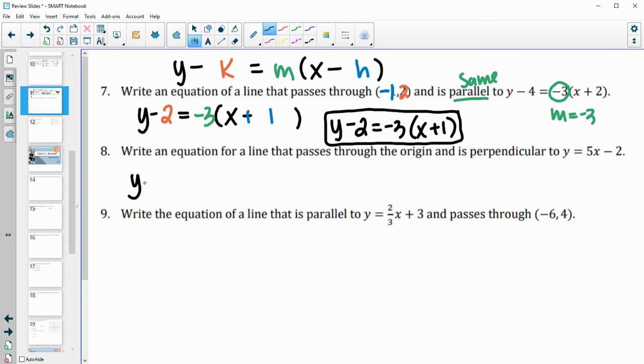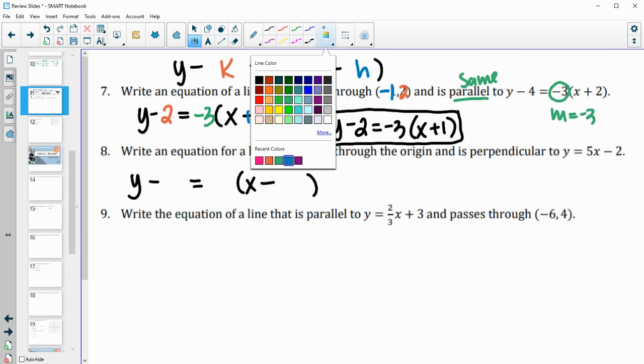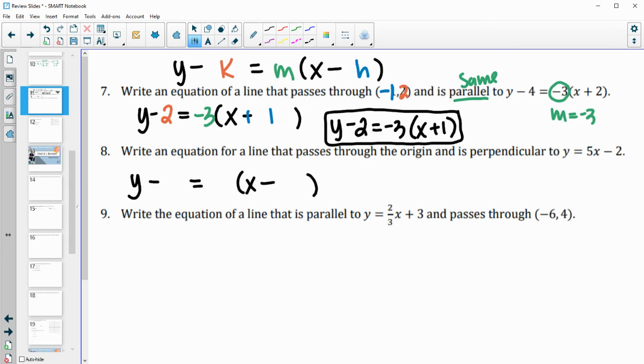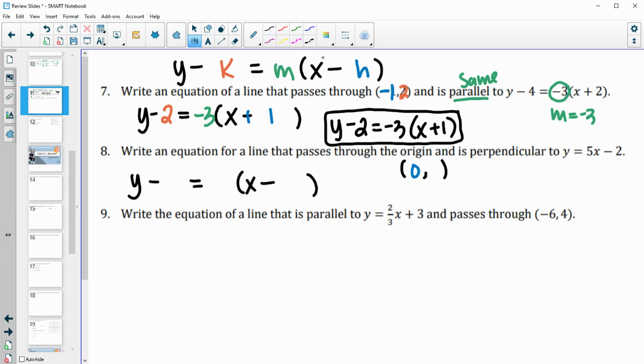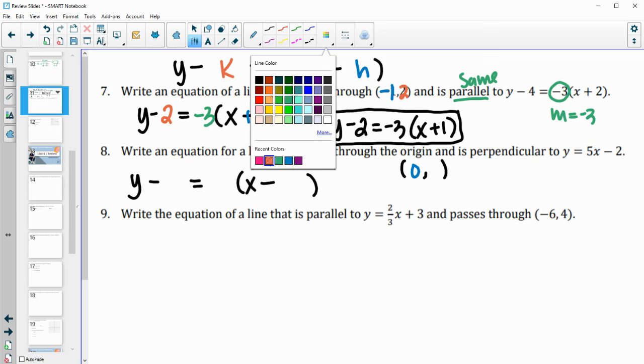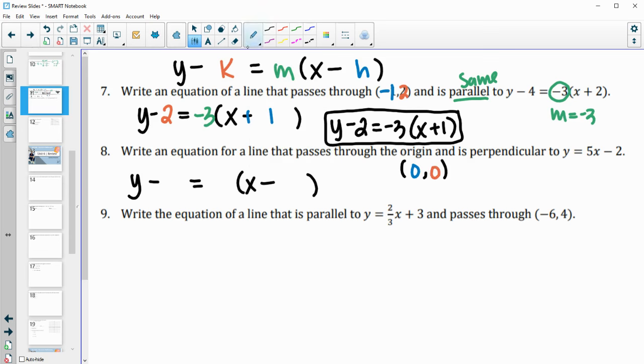So same idea for this one. So we're going to have y minus the y coordinate equals the slope times x minus the x coordinate. And we want our equation to go through the point that is the origin. So our origin is our original point, and that's the point 0, 0. So then we're going to have y minus 0. We're going to have x minus 0.